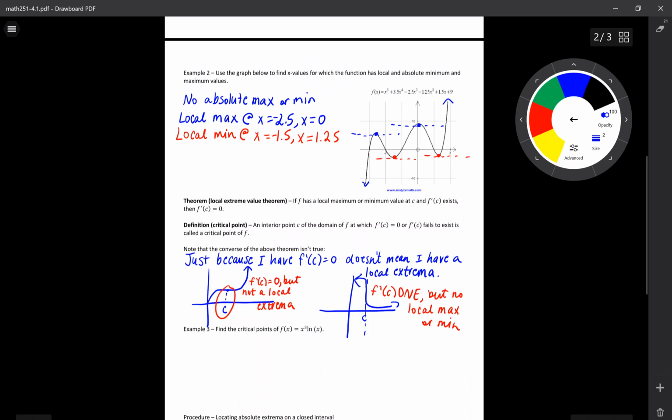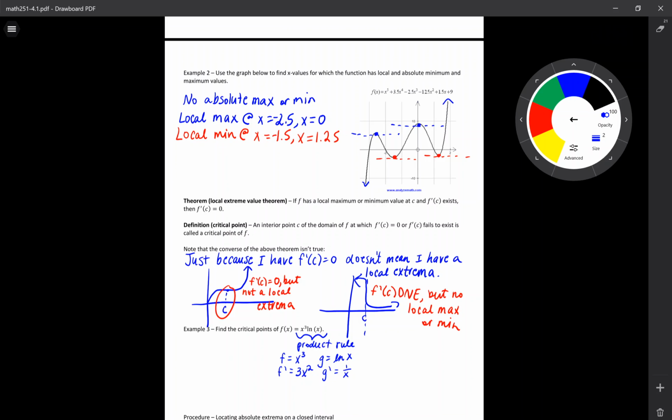So I see that I need to take the derivative using the product rule. So I'm going to set f equal to x cubed and g equal to natural log of x. That means f prime equals 3x squared and g prime equals 1 over x.